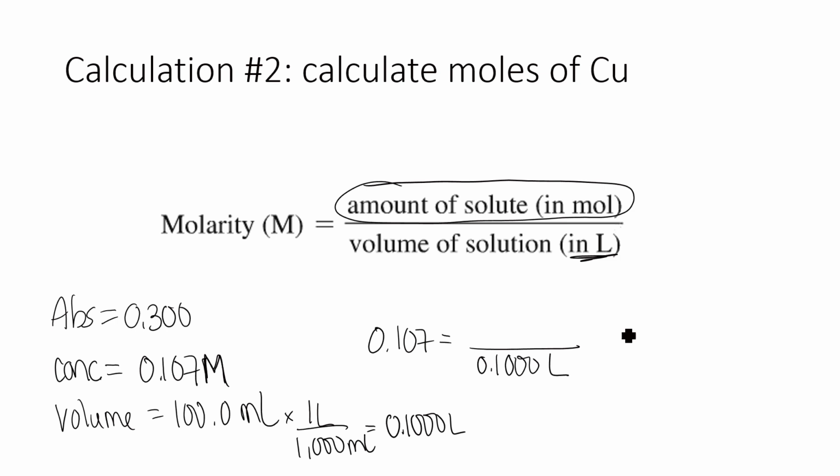That's our volume, 0.1 liters. And then this on the top is our unknown. So if we know the molarity and the volume, we should be able to find moles. Okay, that's step 2. We'll find moles.